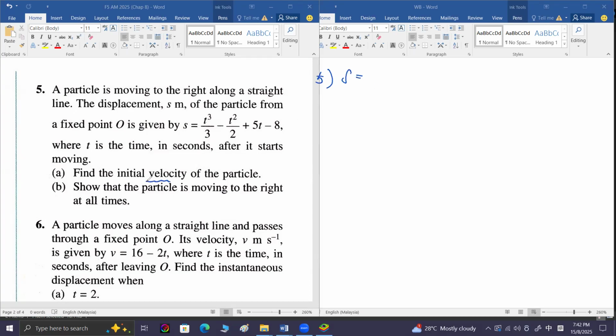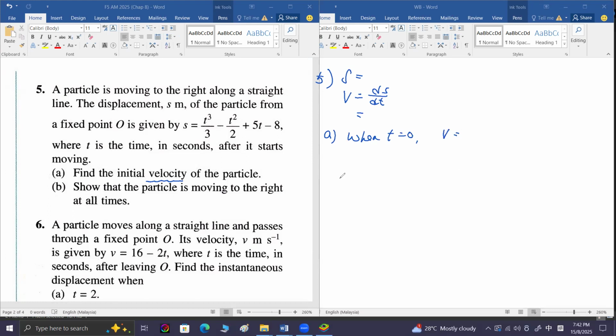See velocity? I'm not going to solve it for y'all. Same as before, find v by differentiating ds/dt to get the velocity. Then, can you see the word initial? Initial means when t is 0. You substitute to get v.